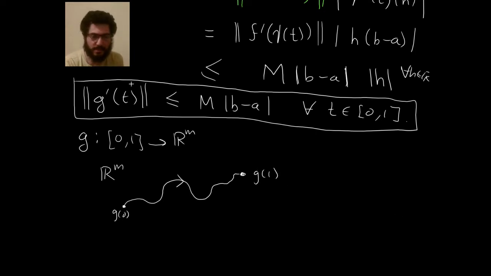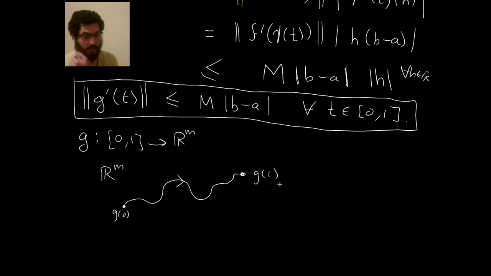So this is telling us that the speed of the path g is bounded above by this number. This is just some fixed real number in our context here. So we have a path g, and the path is allowed to run for 1 unit of time, from time equals 0 to time equals 1, and its speed is bounded above by this.